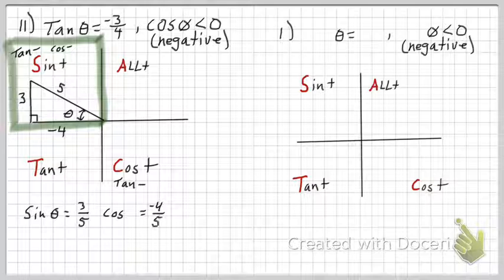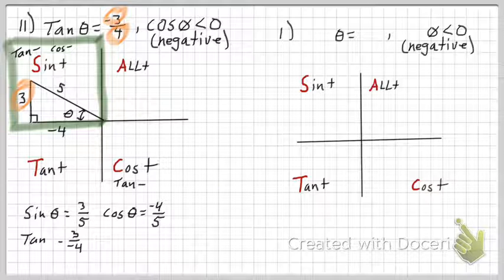All right, so when I do that, this tells me that they told me that the triangle had a side opposite over adjacent. There's my opposite, there's my adjacent. I had to draw this reference angle in quadrant 2.